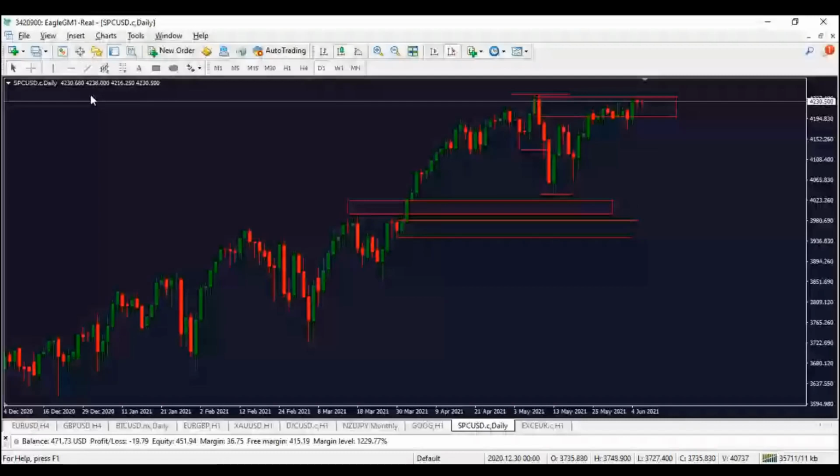Then we have liquidity right below there. Now, why would price want to come above this high? Many people say this is break of market structure. Yes, I would not dispute that fact at all. But I will just take this as liquidity right here.